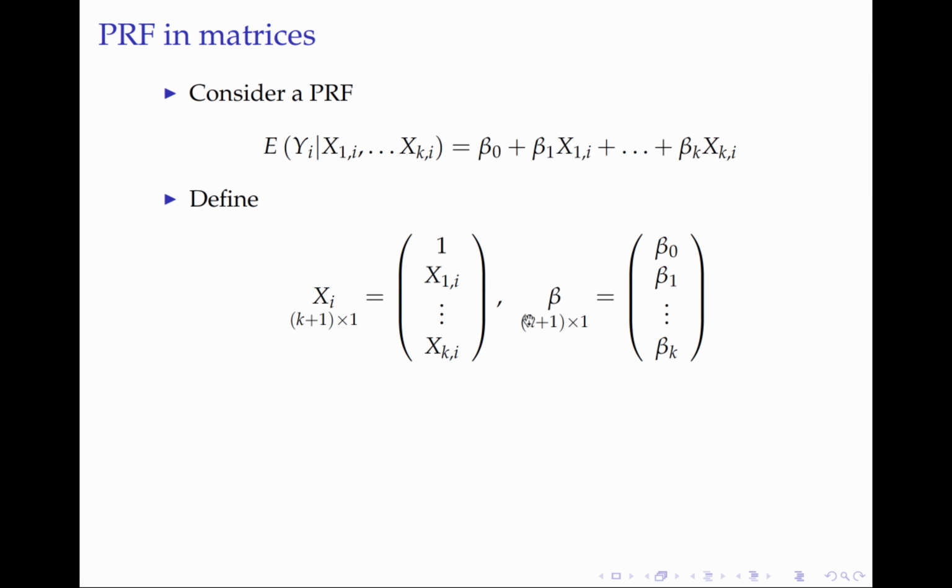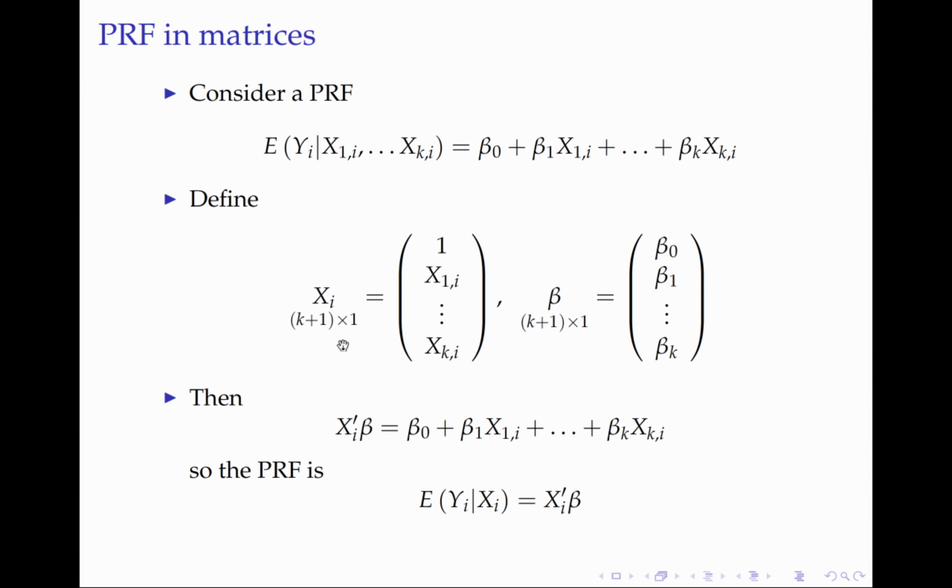So we'll define those two vectors, and then we can represent this PRF, this linear function on the right-hand side here, simply as x_i transpose beta. So x_i transpose will take this column vector and turn it into a row, and then when we multiply that by beta, we will get 1 times beta naught plus x1 times beta 1 plus dot dot dot xk times beta k.